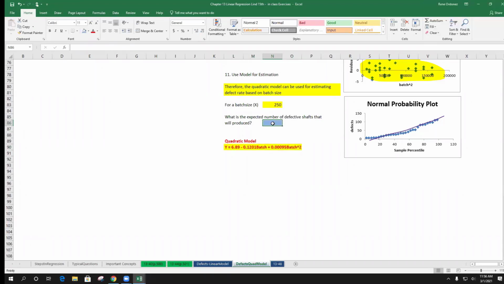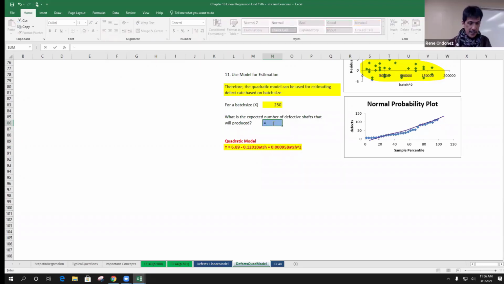So would you have to put the batch size into the formula where it says batch? Okay, so tell me how I will do it. Here's the model.